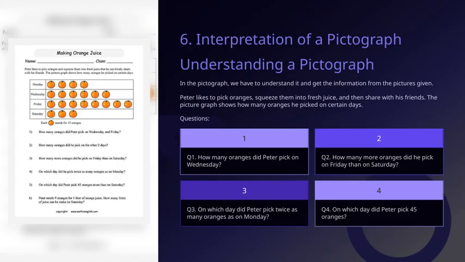And finally, we're asked to identify the day he picked 45 oranges. We look for the picture that corresponds to 45 oranges. So, understanding a pictograph is about carefully analyzing the pictures, counting the symbols, and comparing the data to answer the questions. It's a visual way to quickly grasp information that might be more complicated if we only looked at numbers.